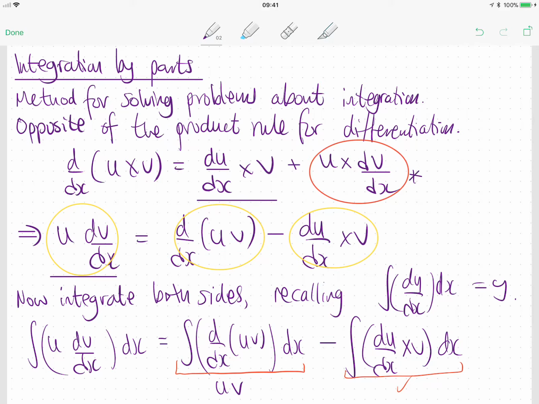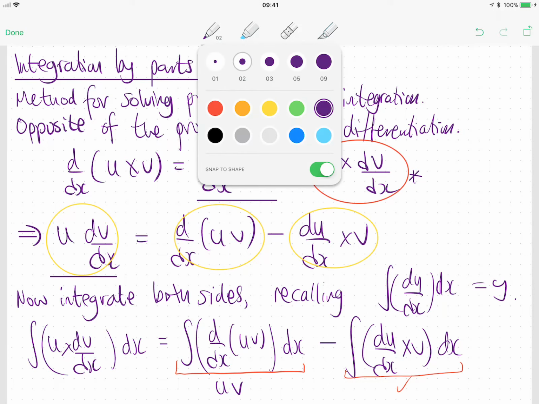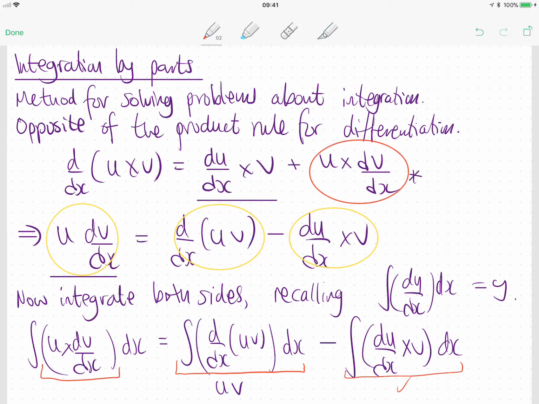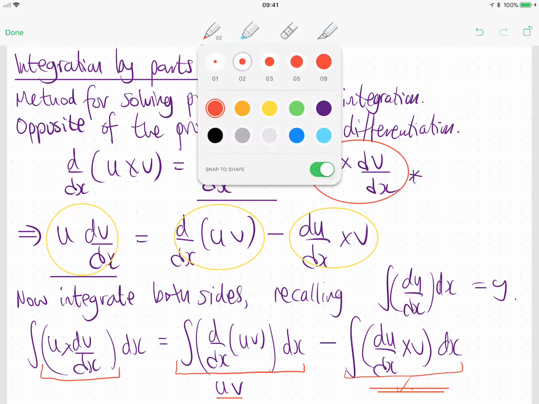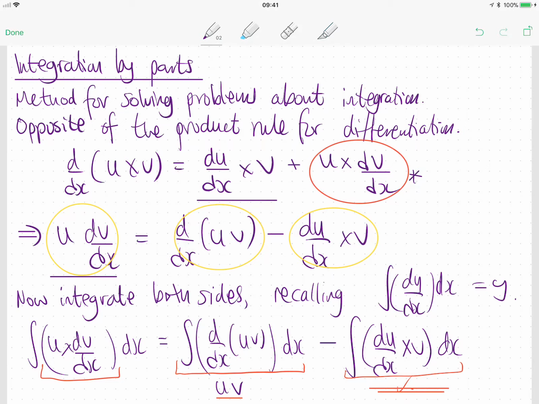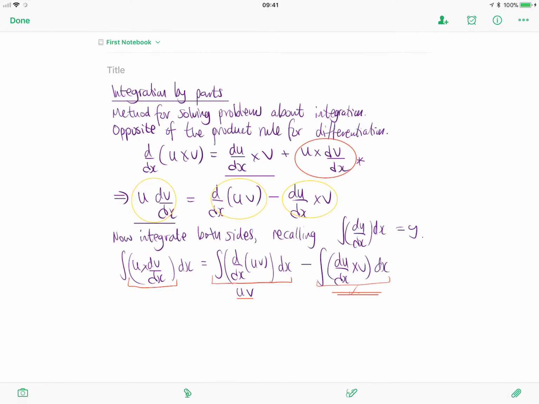It says if you integrate U times dv dx, the answer is the same as U times V take away this integral over here. Okay, so let's write that on a clean page and spend a few moments thinking about applying it into certain scenarios.